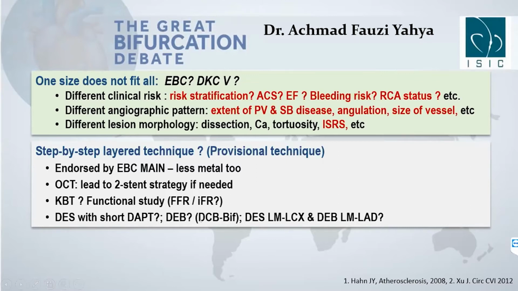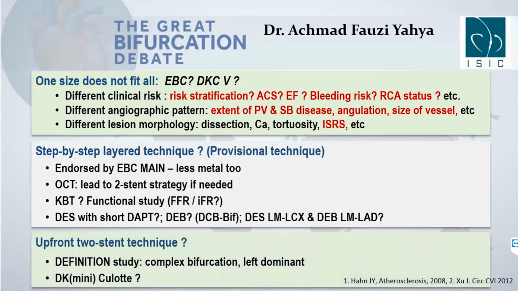And we also know that now we are conducting the DCB bifurcation study, where we put DES in the left main LAD, and for the bifurcation, that is the LCx, we use DES.